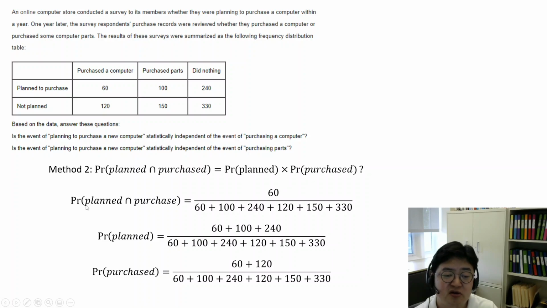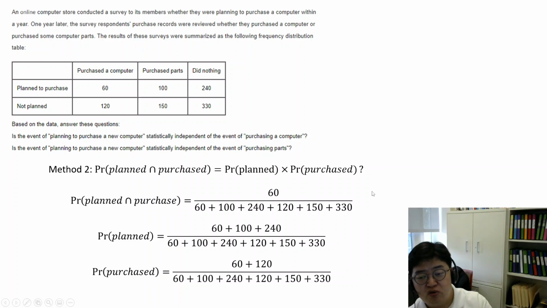First, intersection. So those who planned and actually purchased, only one type, that is 60. And the second probability, those who planned, that include 3 types, right? So this much numerator. And finally, the third probability, unconditional probability of purchasing a computer. That's these 2 types. So first column, that comes to here.